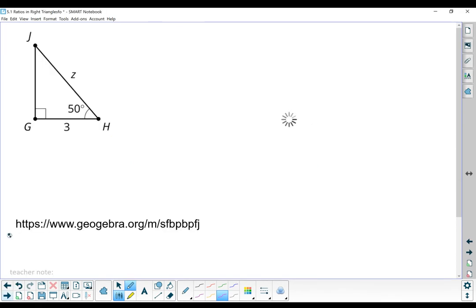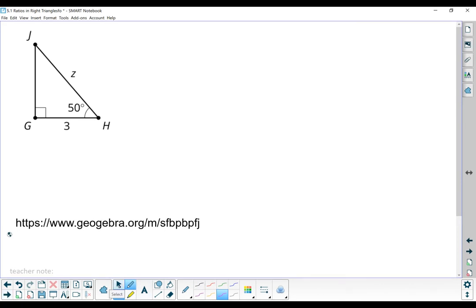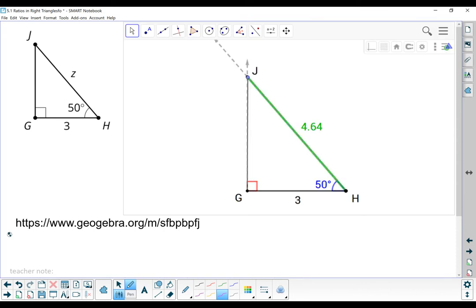That side length, z, if we knew how to calculate it, would be 4.64 or 4.67, depending on how precise we're being. If it was any shorter than that, then we wouldn't have a right angle right here.